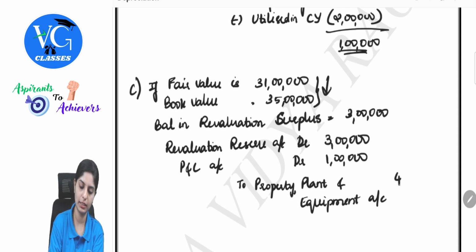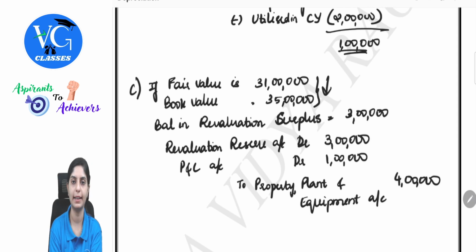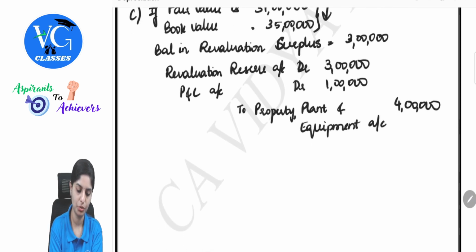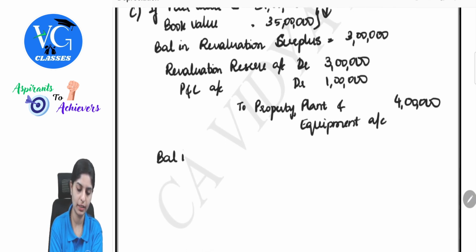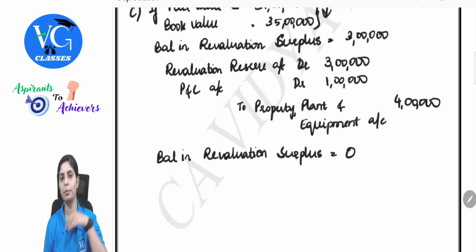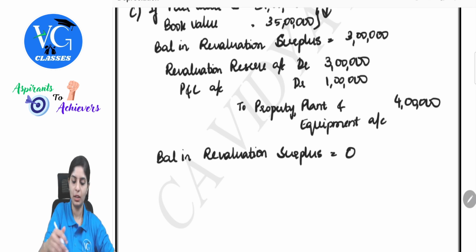So the total decrease is 4 lakh. So balance in revaluation surplus will be 0, since we had opening 3 lakh, utilized in the current year full 3 lakh.